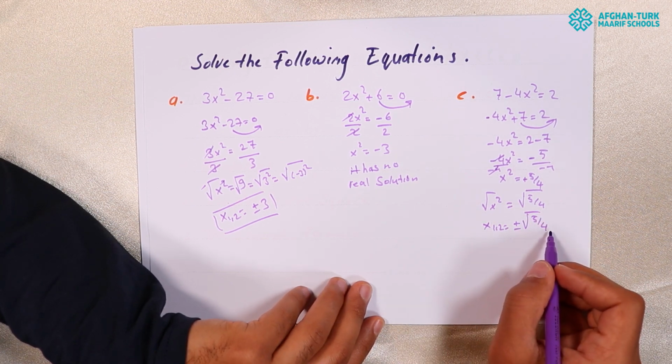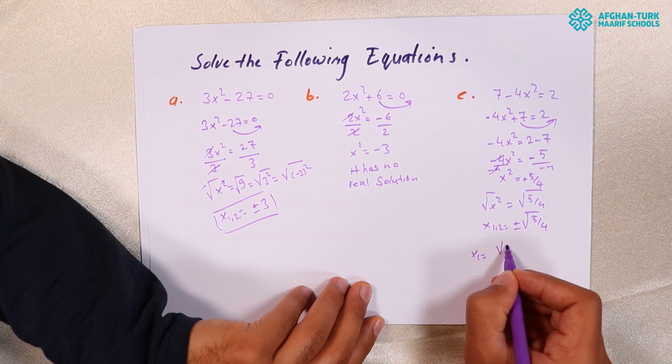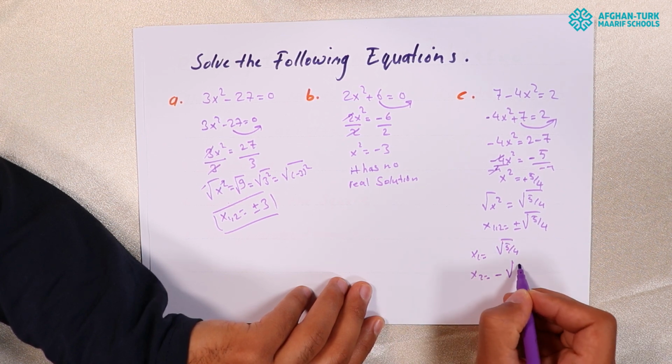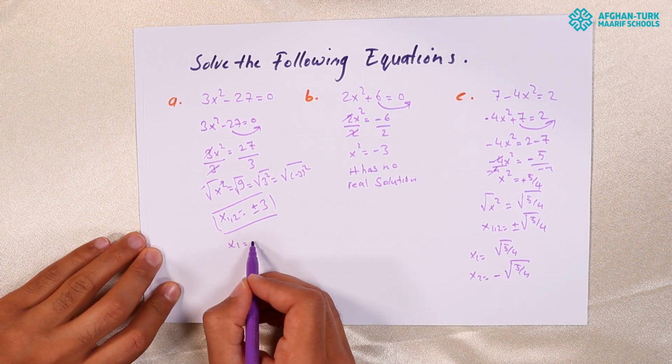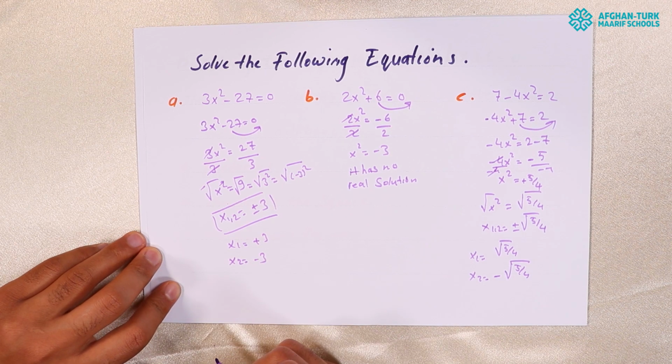Okay, it has a symmetric solution. It means we have x1 is equal to plus square root of 5 over 4 and x2 is equal to minus square root of 5 over 4. And also in the previous one, x1 is equal to plus 3, x2 is equal to minus 3.